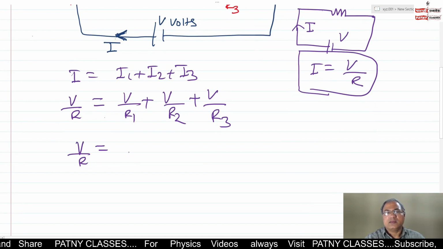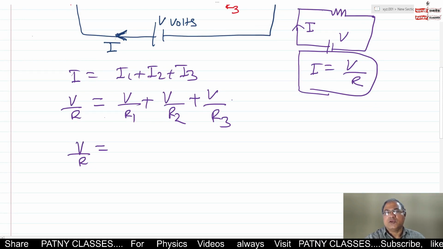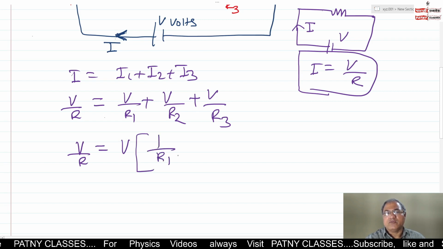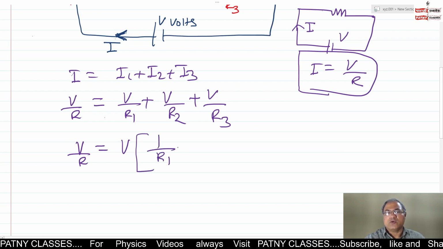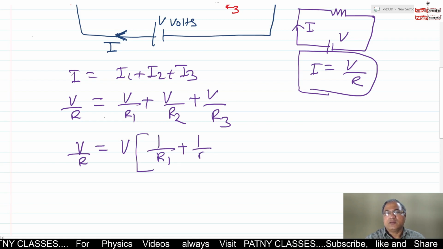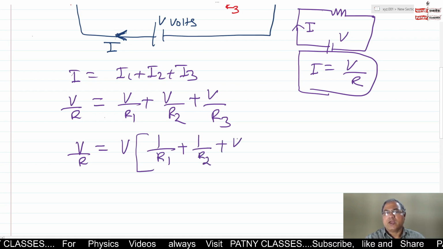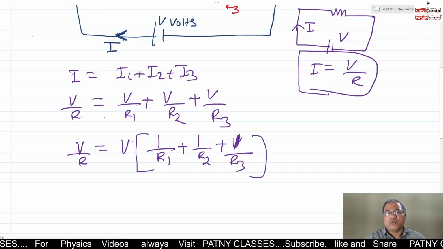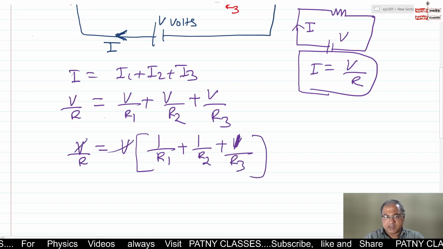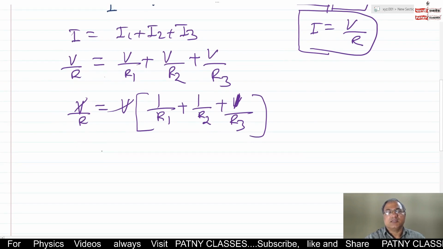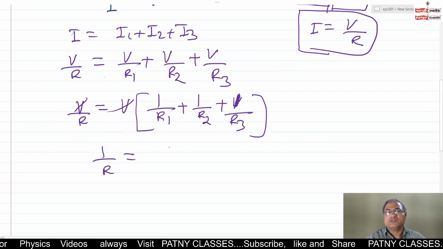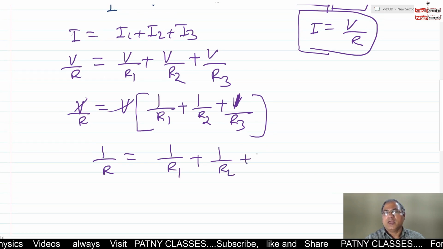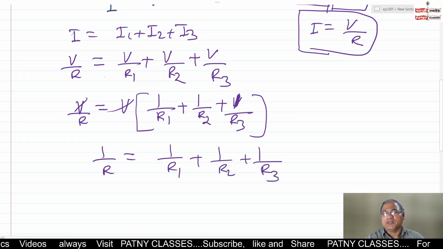Here the numerators are same, so taking V common, I get 1 upon R1 plus 1 upon R2 plus 1 upon R3, and V on both sides gets cancelled, and this is nothing but 1 upon R equals 1 upon R1 plus 1 upon R2 plus 1 upon R3.